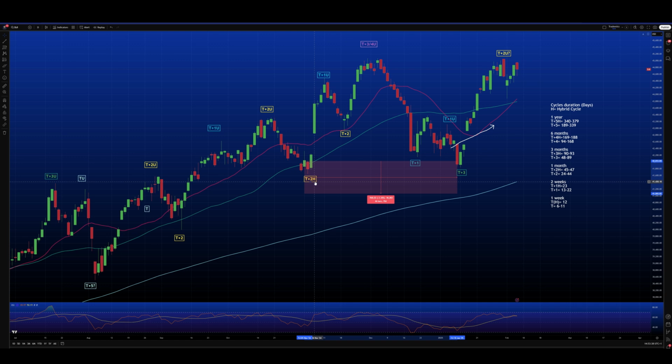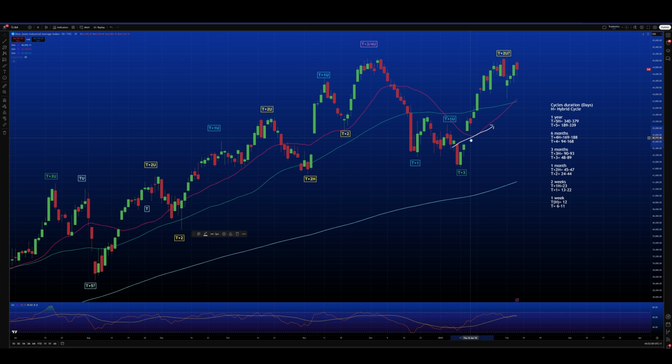And this T+2 hybrid cycle has been segmented as the first T cycle plus T+2 cycle. Okay, 1 week cycle plus 1 month cycle.